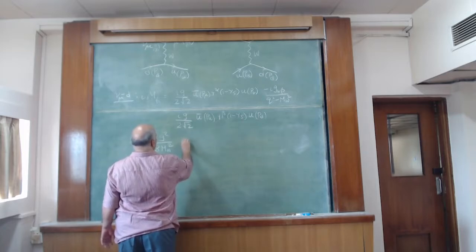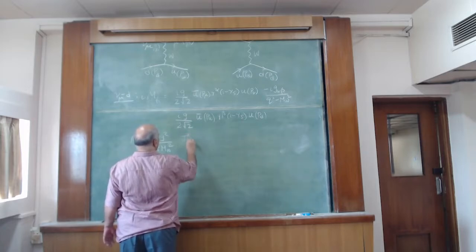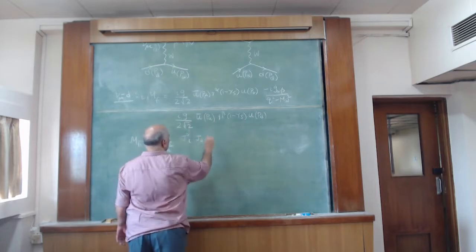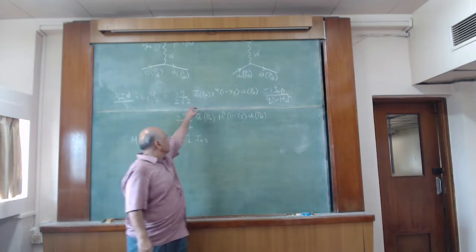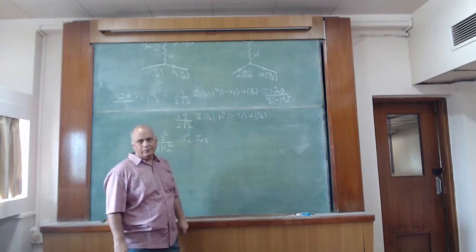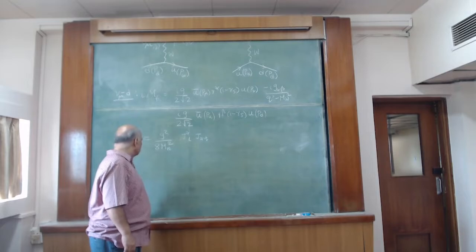I'll just write it J alpha lepton times J alpha quark. This is the leptonic part and this is the quark part.